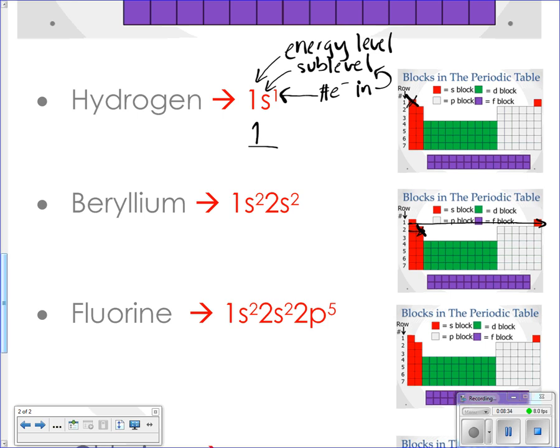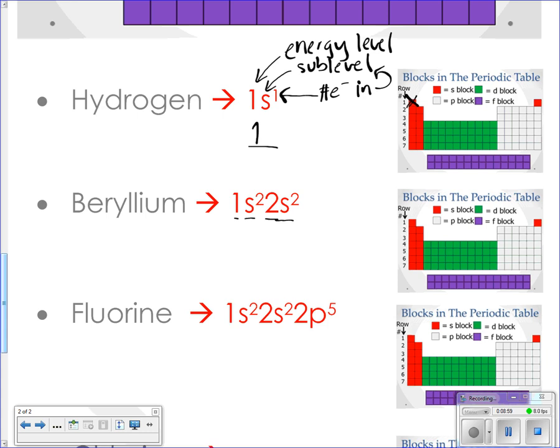So I'm going to start with energy level 1, in the S block, and I'll count over twice: 1, 2. So there's 2 electrons there. Then I'm in energy level 2. So I start with 2, I'm in the S block, and I have 2 electrons until I get to beryllium.